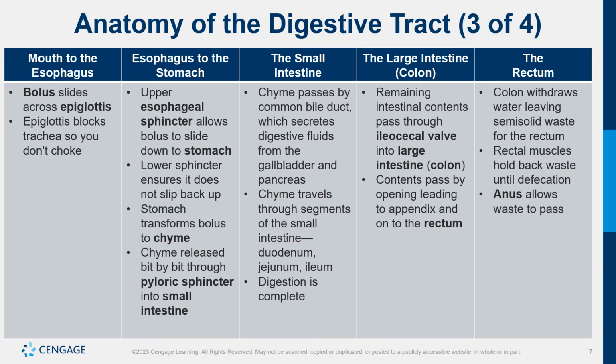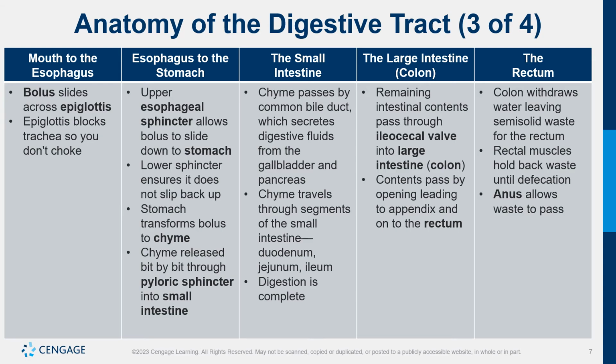The remaining intestinal contents pass through the ileocecal valve at the bottom of the small intestine into the large intestine or the colon. It passes by the appendix, and usually things don't enter the appendix.